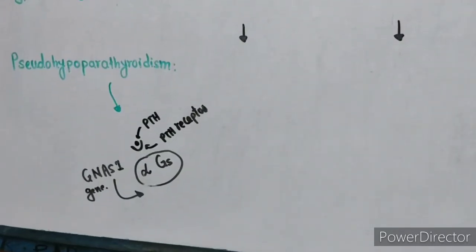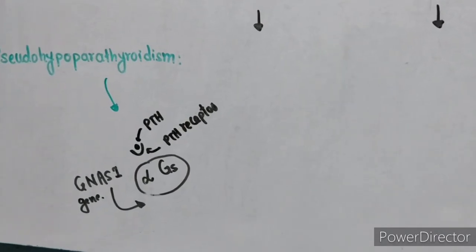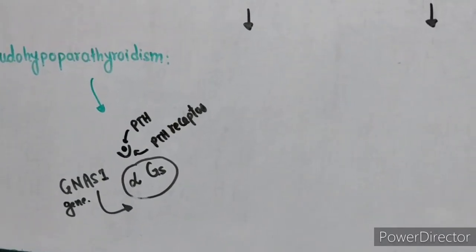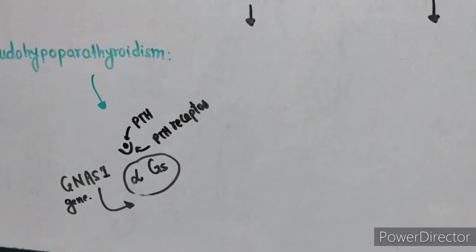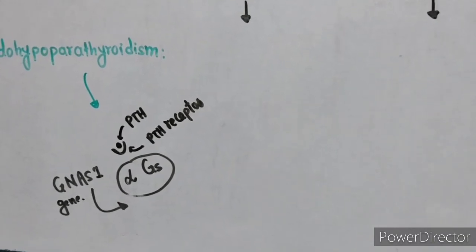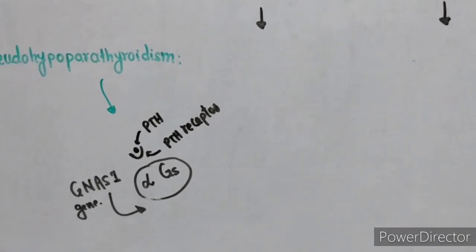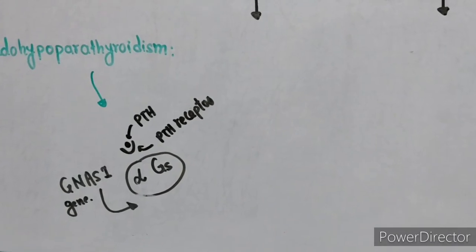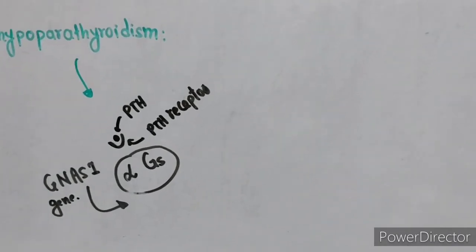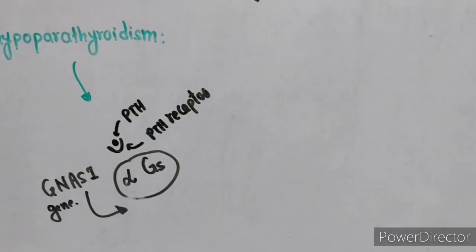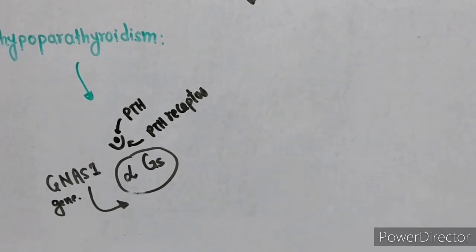Parathyroid hormone binds to the parathyroid hormone receptor, and then it is coupled with the G proteins, and G protein will increase cAMP, and like this it functions. But in pseudohypoparathyroidism, parathyroid hormone binds to a normal receptor. The PTH receptor is normal, but the downstream signaling pathway is defective.